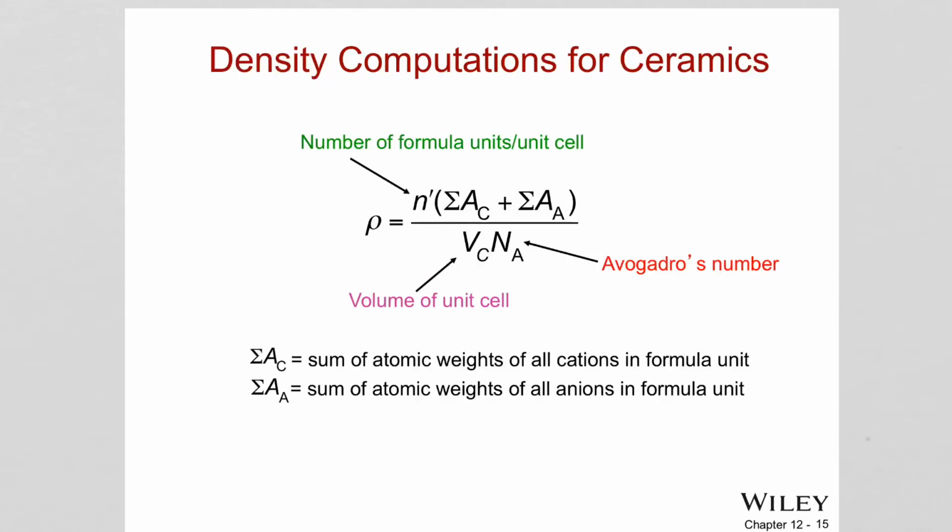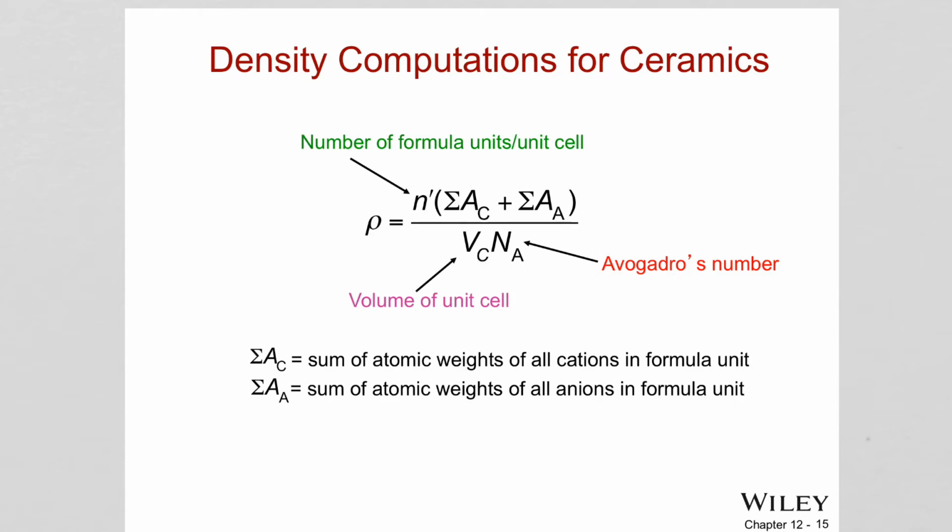As we have done before with other materials, here it is also possible to compute the theoretical density of crystalline ceramic materials from unit cell data. Here is the equation for the density. You see n prime, the number of formula units within the unit cell.